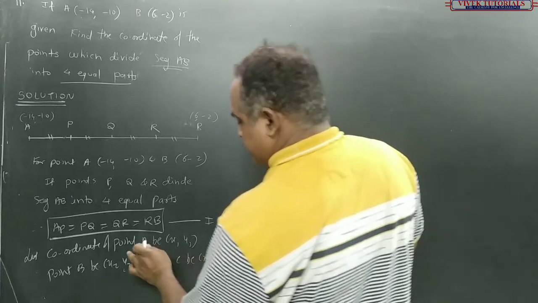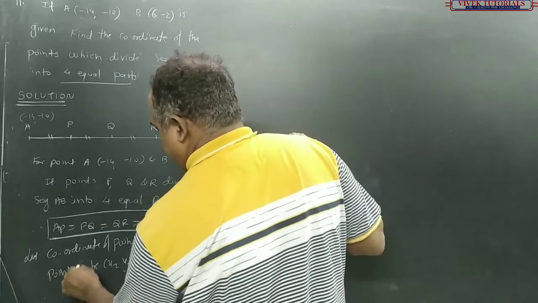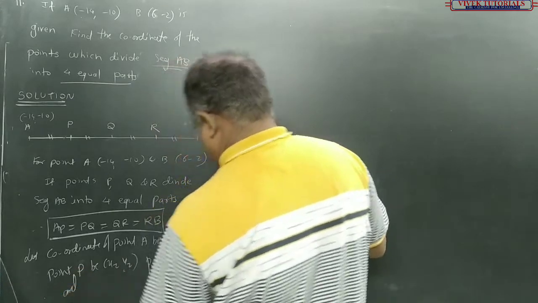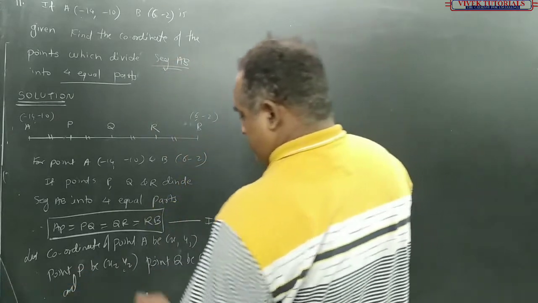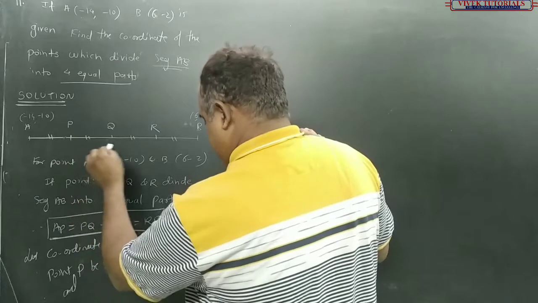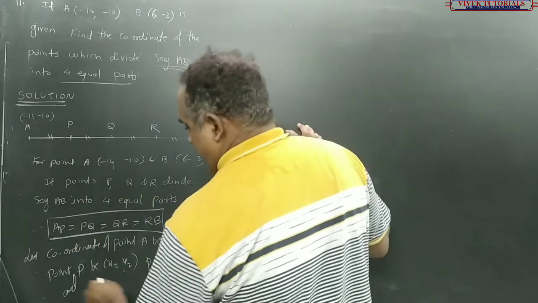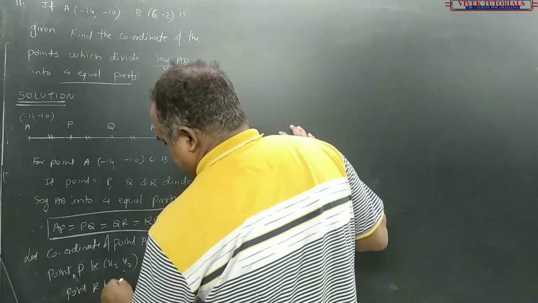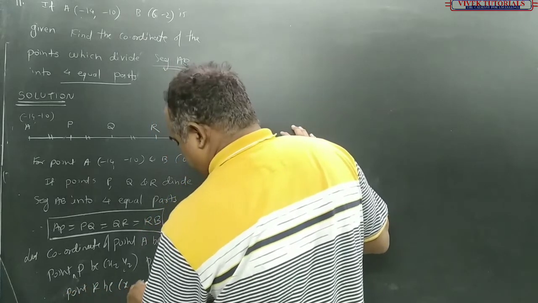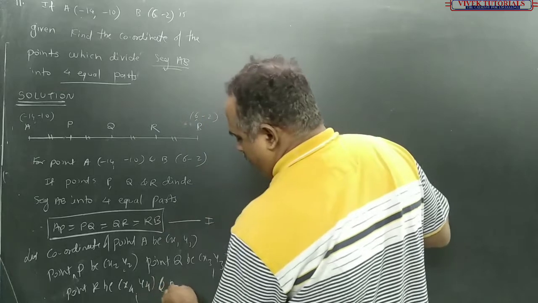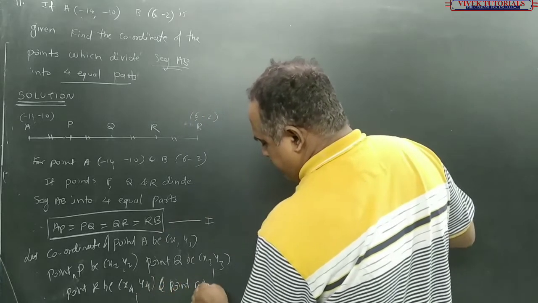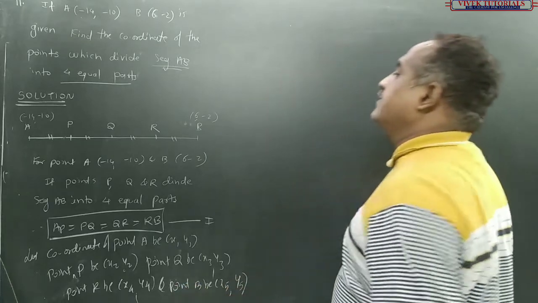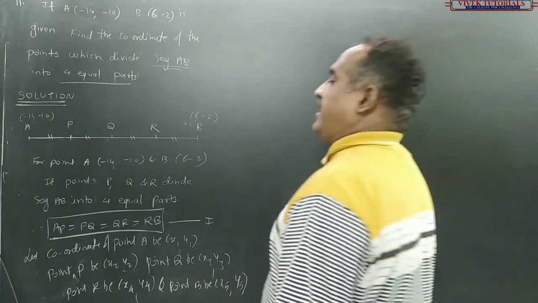Sorry, I made a mistake. A, this is point P, this is point Q, and x1, y1 for A, P, Q, now point R, x4, y4, and point B, x5 and y5.